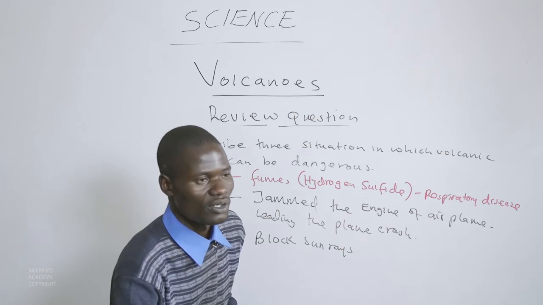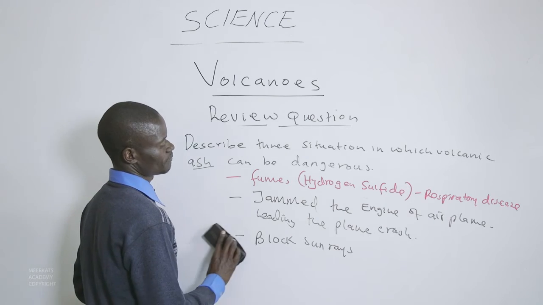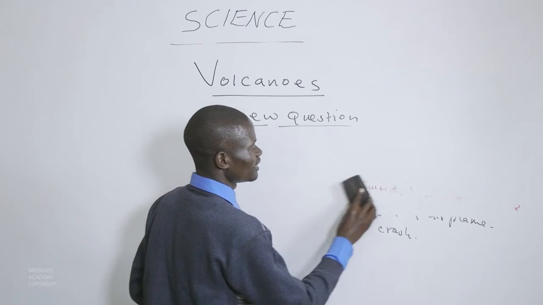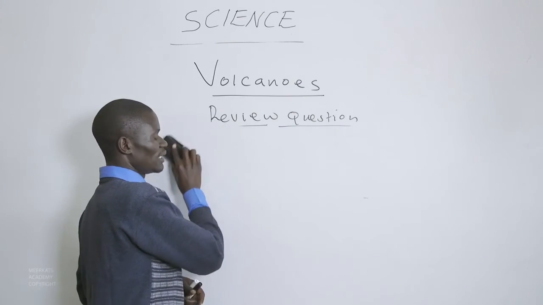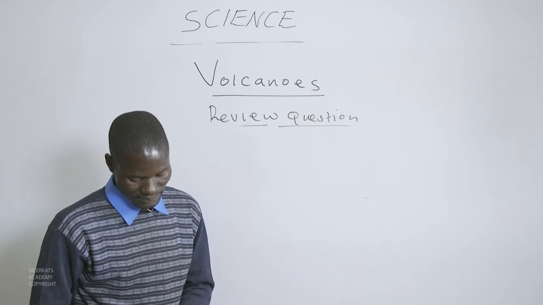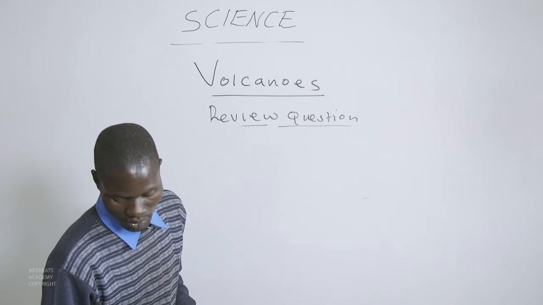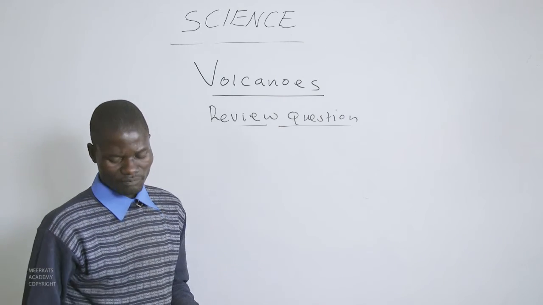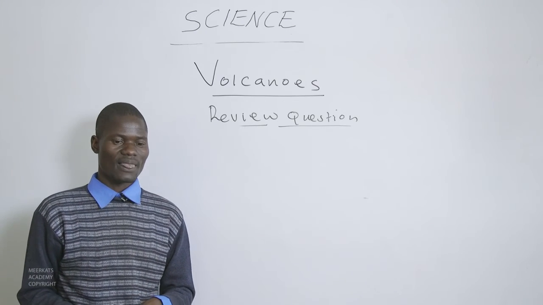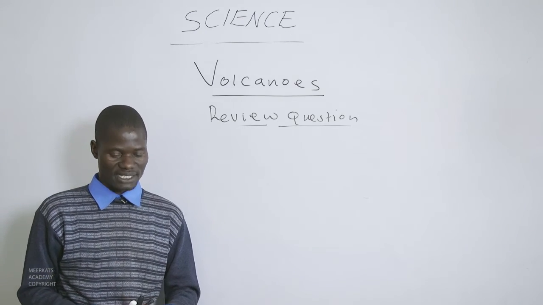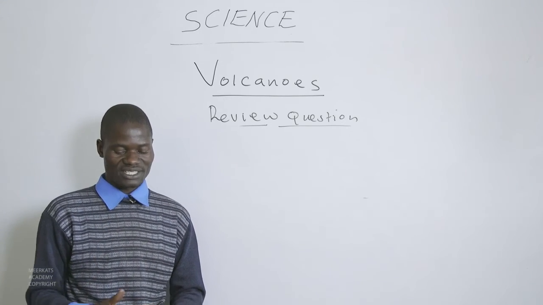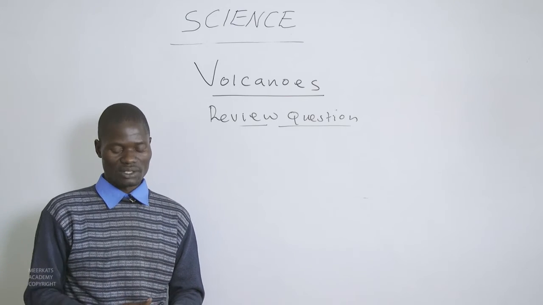Even the activities of the human body are affected. Those are the three scenarios that help us understand volcanic ash is very dangerous, because it may block sun rays from reaching some parts of the Earth's surface, reducing the solar radiation that reaches the surface and interfering with the warming of the environment.